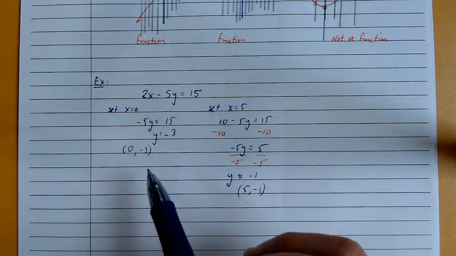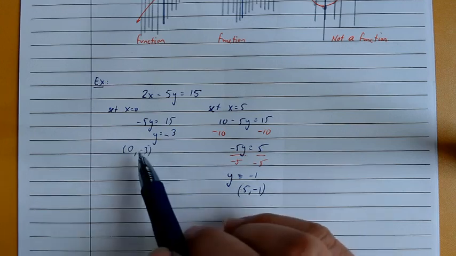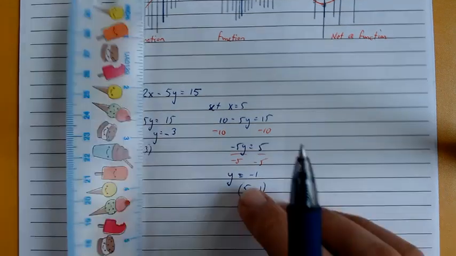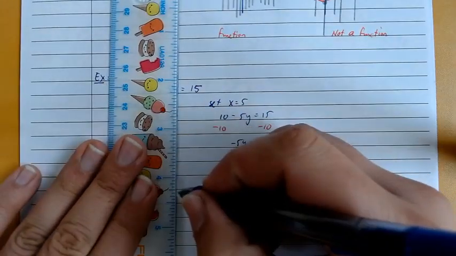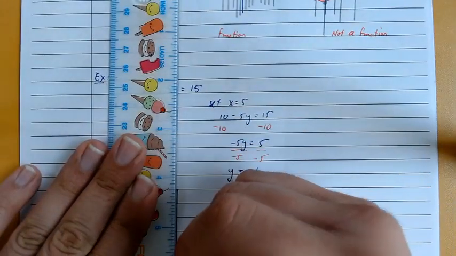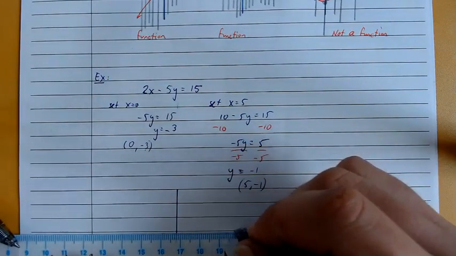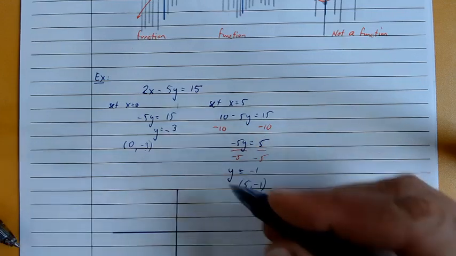Okay. Now, this is a linear equation, which means we know that the graph is made up of all the points on the same straight line as these 2 points fall. So I could come over here and I could graph that. Okay.